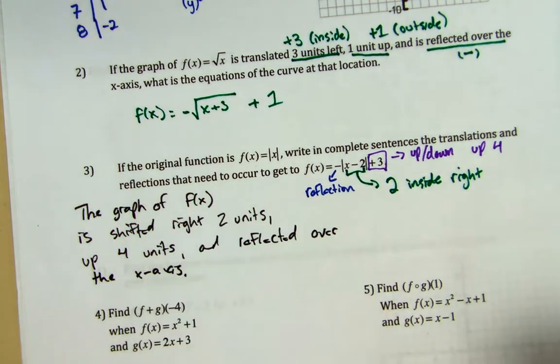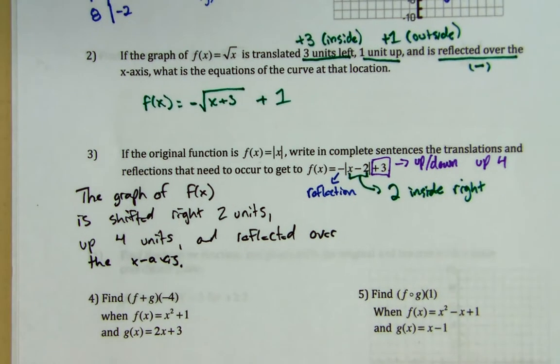It's always going to be a reflection over the x-axis. Right? So that's kind of all the things that deal with different graphs and translations.